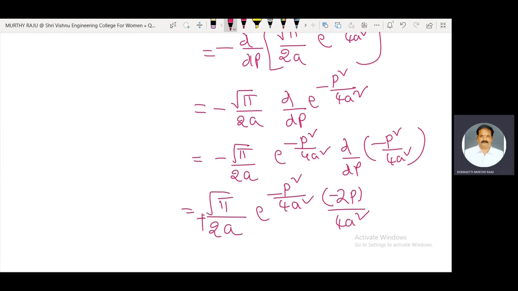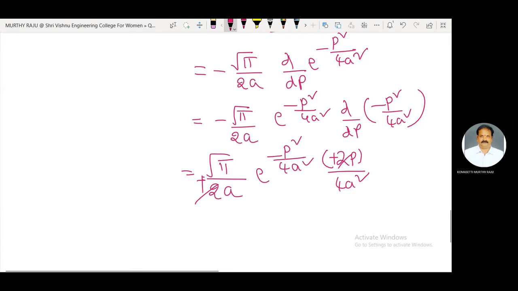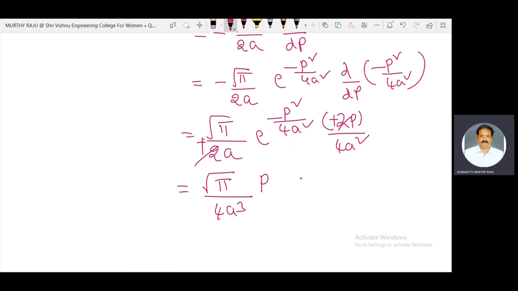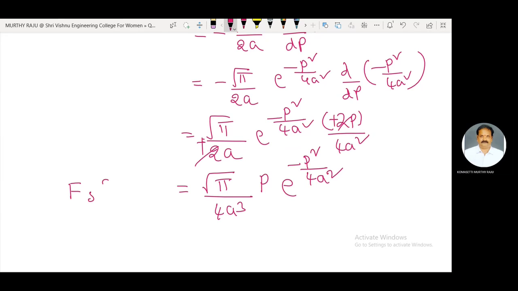Here minus and minus cancel. Therefore, finally, root pi by 4a cube, p into e power minus p square by 4a square. This is the Fourier sine transform of x into e power minus a square x square.